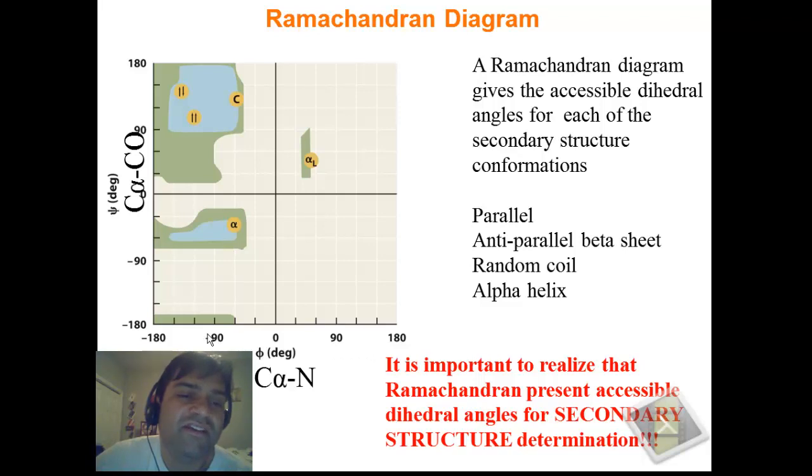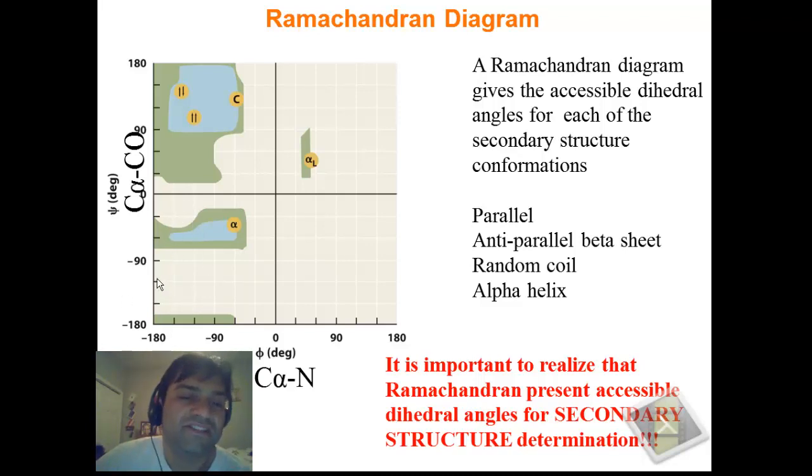What you see here is the accessible and allowed dihedral angles for phi on the x-axis and psi on the y-axis. So for example, if you're given a dihedral angle of -90 and maybe -80, then you have a dihedral angle that is permissible for a right-handed alpha helix.